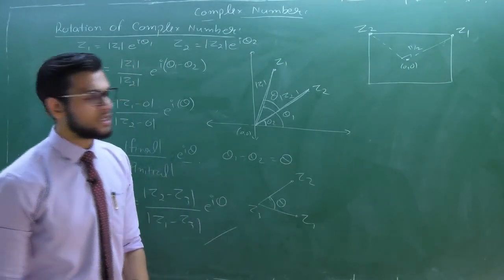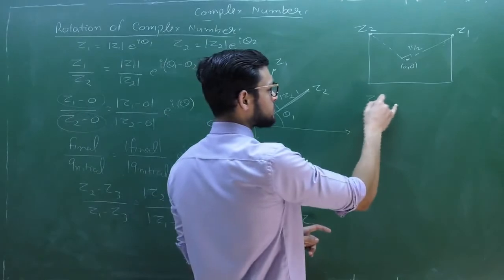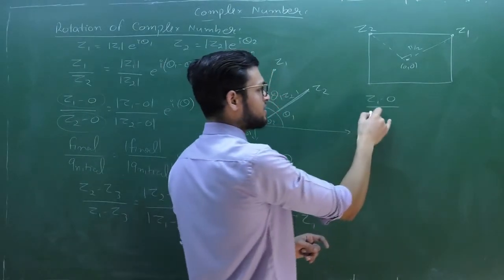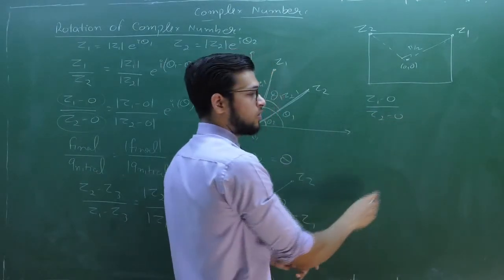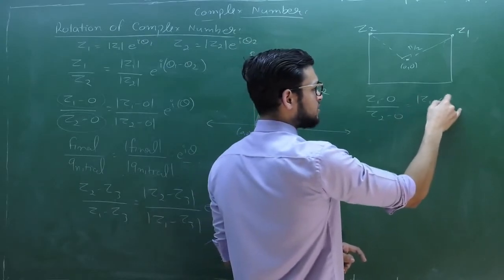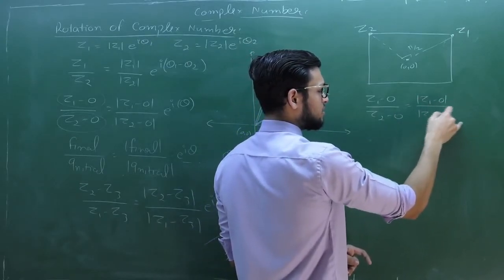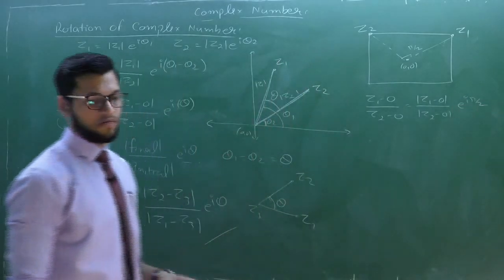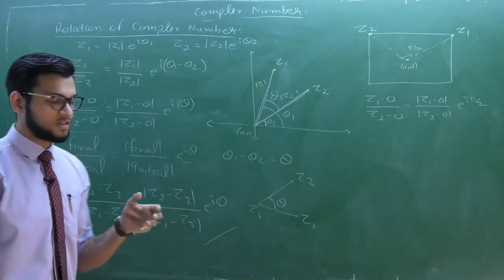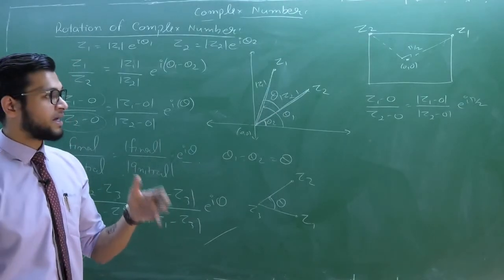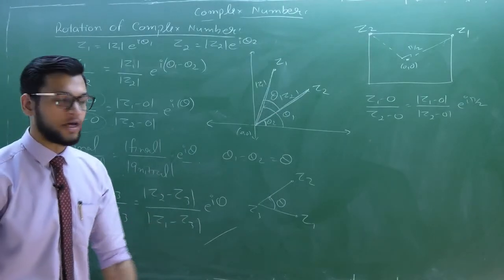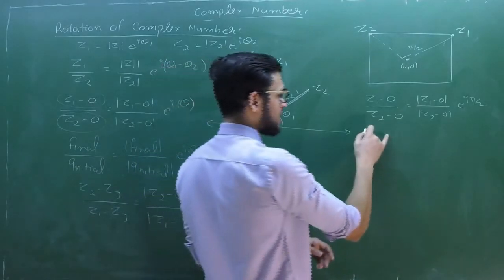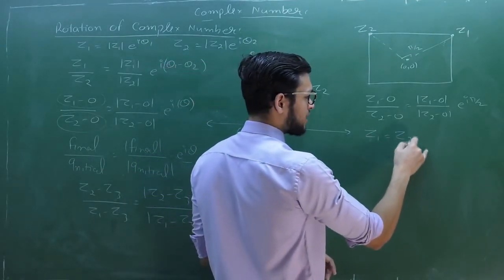So now initial is z1 minus 0, final is z2 minus 0, and final upon initial is equal to magnitude of final upon magnitude of initial and e to the power iota pi by 2.